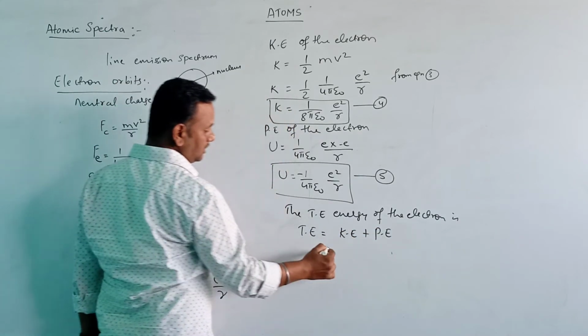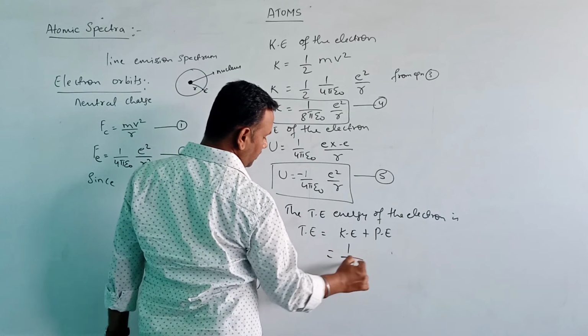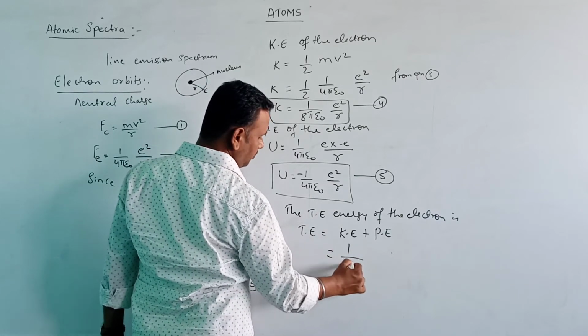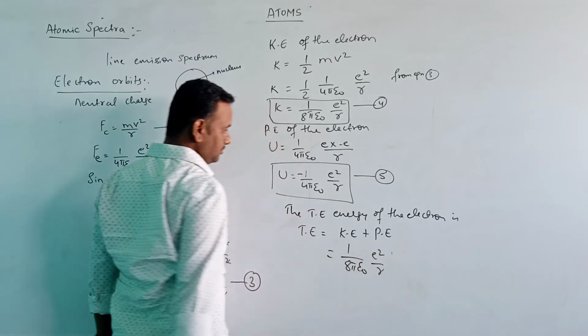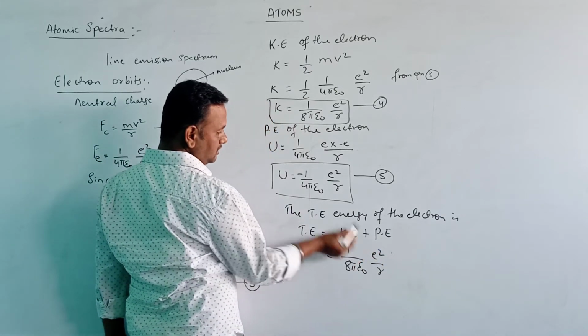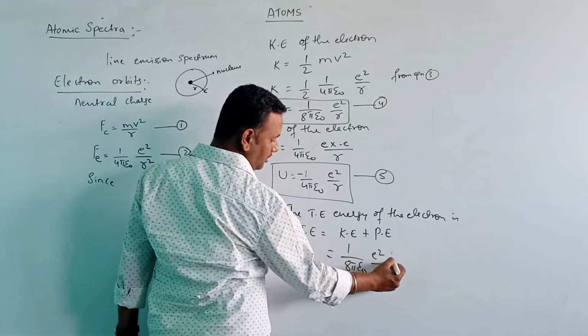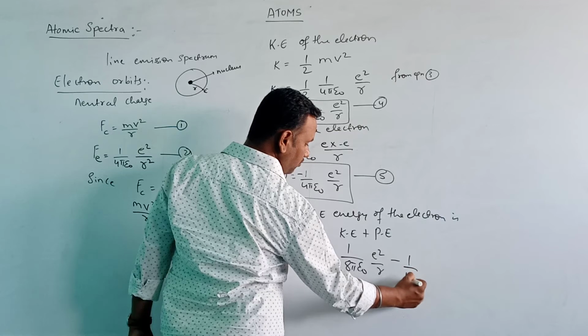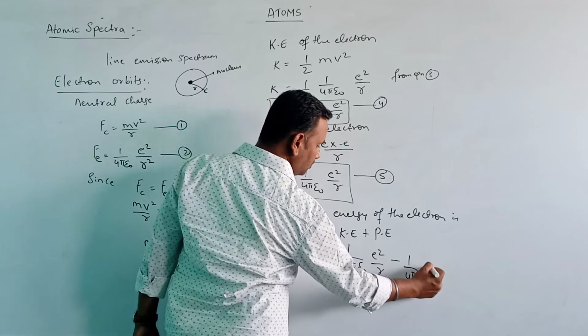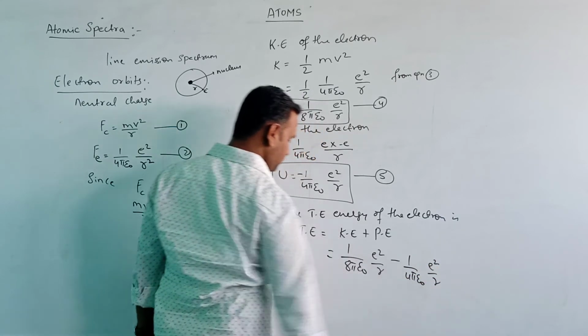The kinetic energy is 1 by 8 pi epsilon naught e square divided by r. Here it is plus and here it is minus, so I am writing minus 1 by 4 pi epsilon naught e square divided by r.